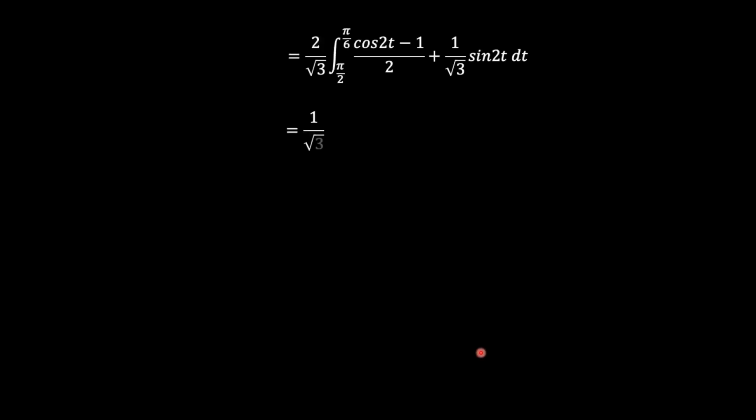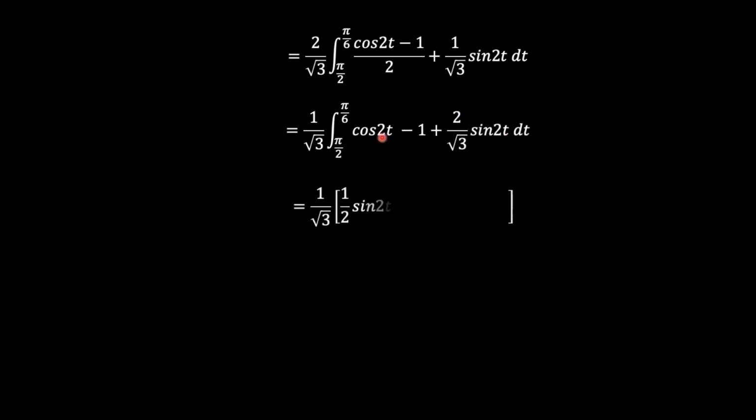So we're going to apply that constant appropriately. And as you can see, now this becomes cosine 2t minus 1 plus 2 over root 3 sine 2t. So integrating this is the same as 1 over 2 sine 2t minus t minus 1 over 2 times this, since the 1 over 2 cancels with this, so we have now negative 1 over root 3 cosine 2t.